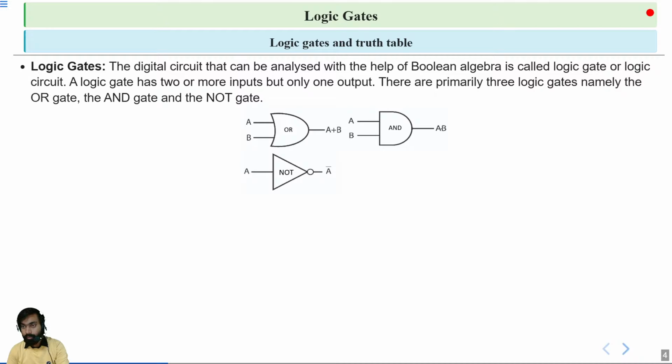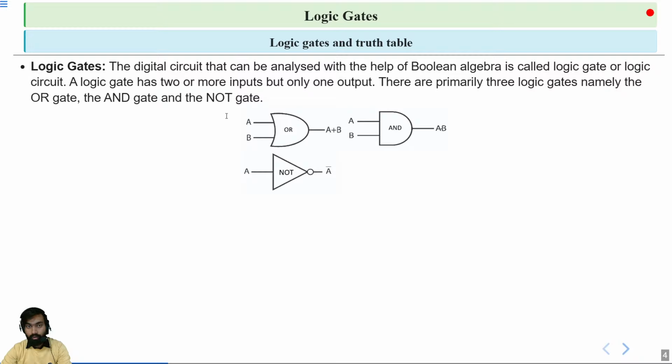If we talk about the types of basic logic gates, there are three. Listen carefully, there are three primary types of logic gates that form the foundation of digital electronics: first, OR gate, second, AND gate, and third, NOT gate.